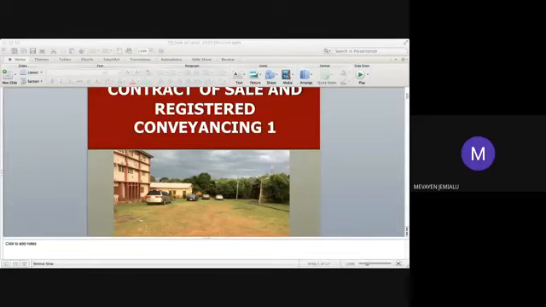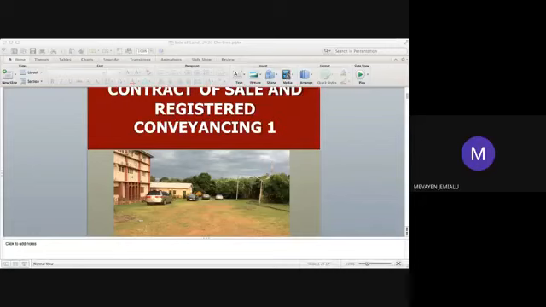Nine, you'll be able to state the capacity of a solicitor to act for both parties in a sale of land transaction. Then ten, you'll be able to draft a formal contract of sale of land.